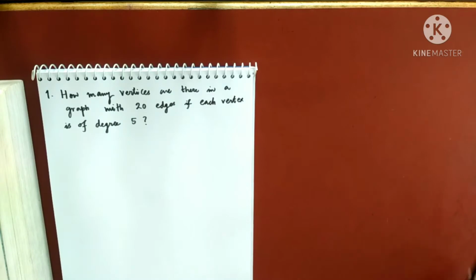So the question is this. I have a graph. In that graph, I need 20 edges and I need the degree of each vertex to be 5. Then how many vertices are there in my graph?